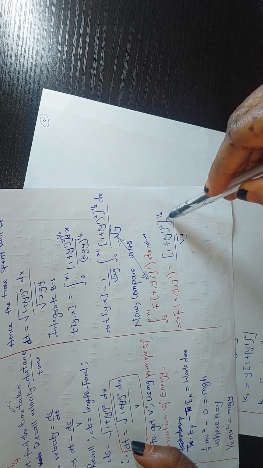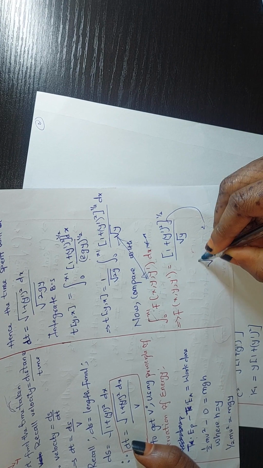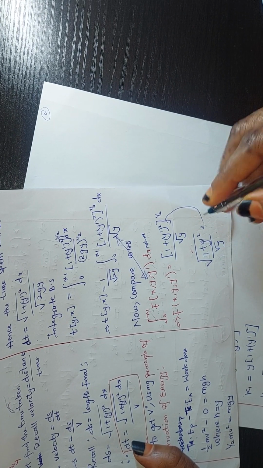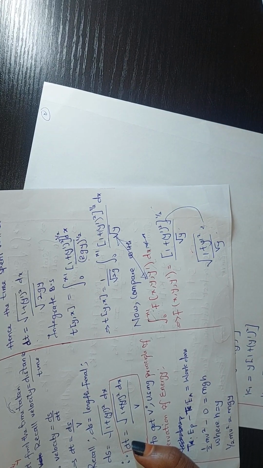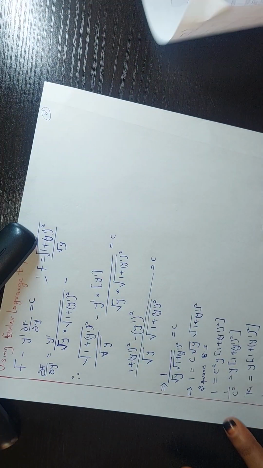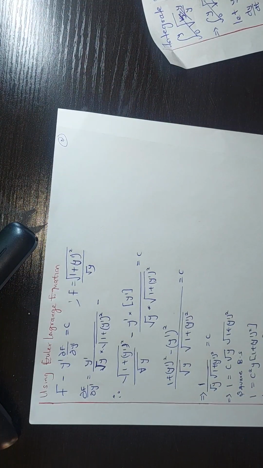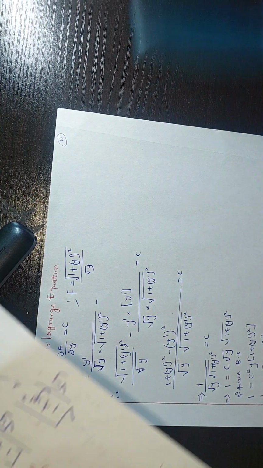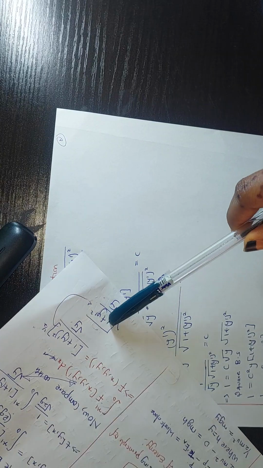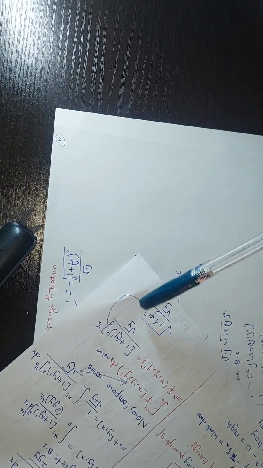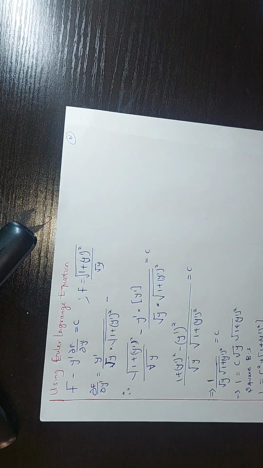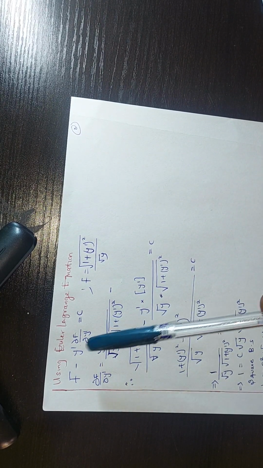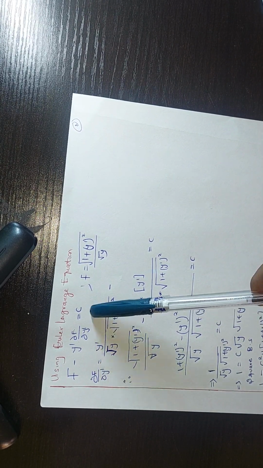This is the same thing as saying square root of 1 plus y prime squared over square root of y. Half is the same thing as square root. So since we have that, we can now extremize. Like I said, after having this, you have to recall that we have the Lagrange equation. Using the second Lagrange equation, we have f minus y prime di f di y prime equals c.